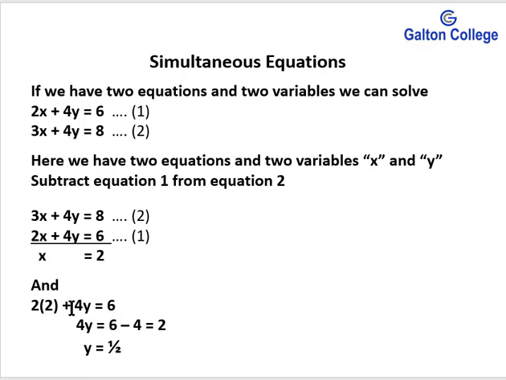Subtract the 4 from both sides, so now I've got 4y equals 6 minus 4. 6 minus 4 is just 2. So I've got 4y equals 2, divide by 4, giving y on its own, and 2 over 4 is a half.